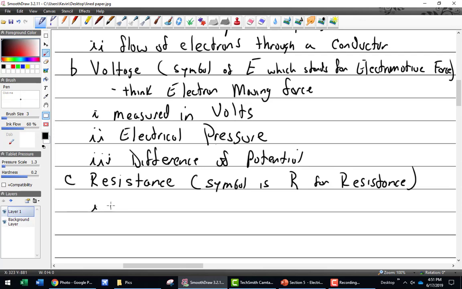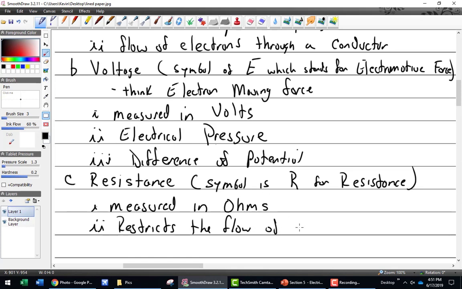It is measured in ohms, named after Georg Simon Ohm, and it restricts the flow of current.